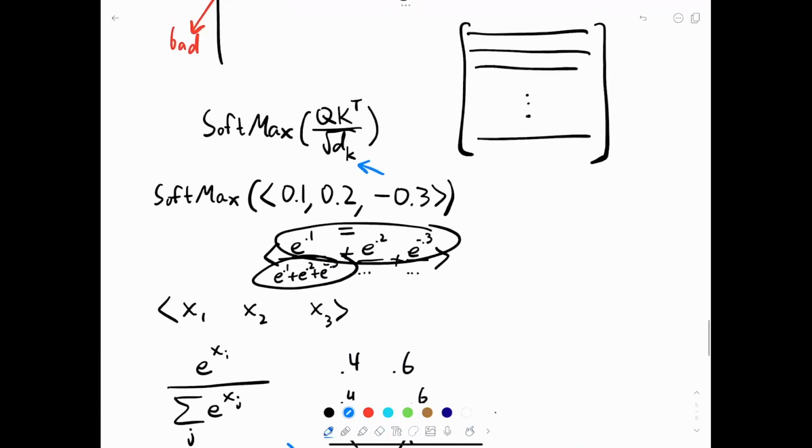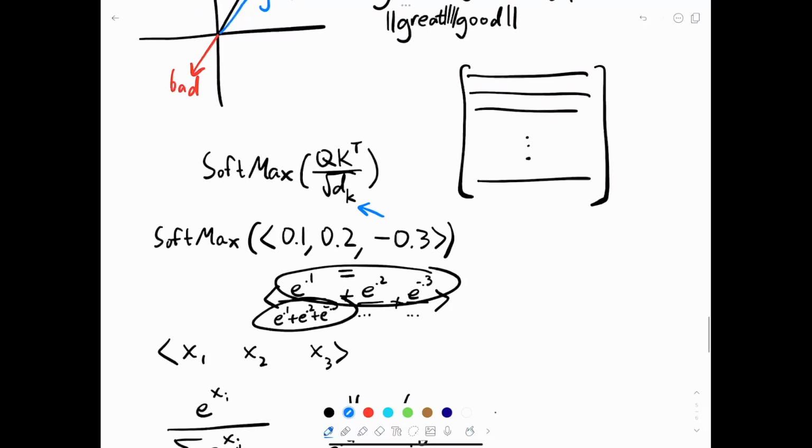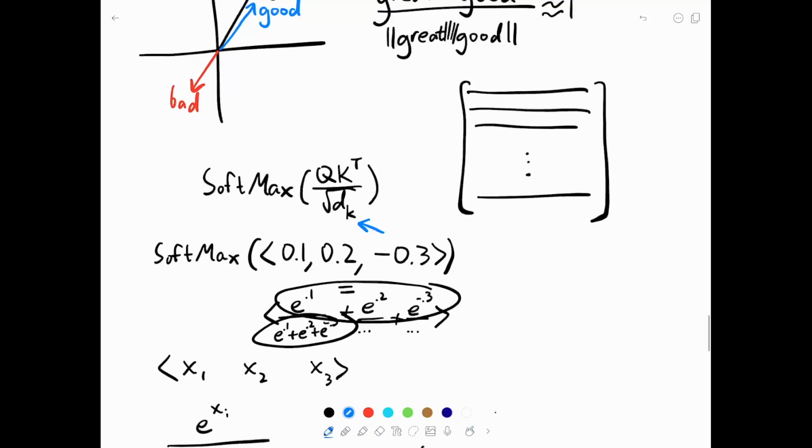And there's some more mathematical explanation about variance in the paper. Essentially, they assume that every element of the vector has a mean of 0 and a standard deviation of 1.